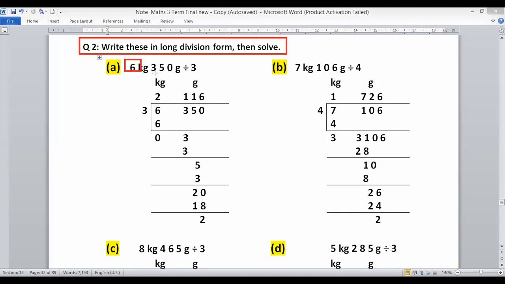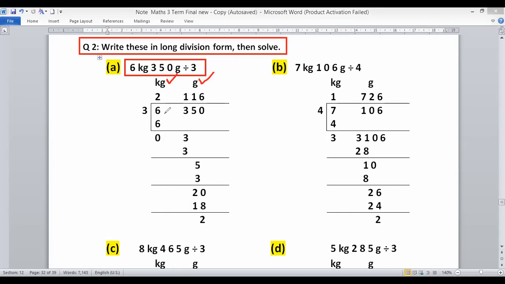Dear students, these sums are given in horizontal form. So first of all, we will write them in long division form and then we solve. The first one is 6 kg 350 gram divided by 3. First of all we write kg and g. Kg stands for kilogram and g stands for gram.